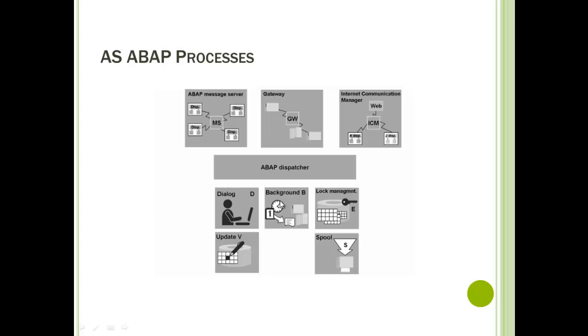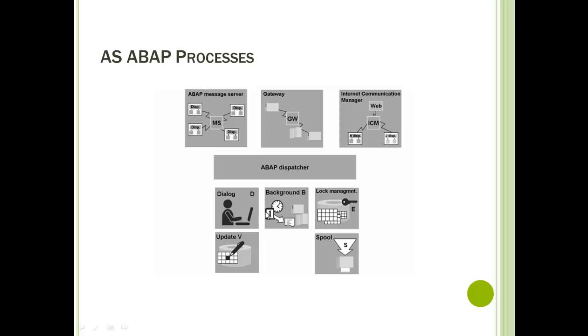In general, the dispatchers of an ABAP instance manage different types of work processes: dialog, update, background, enqueue and spool work processes. These work processes work on different tasks when executing a business process in the SAP system.